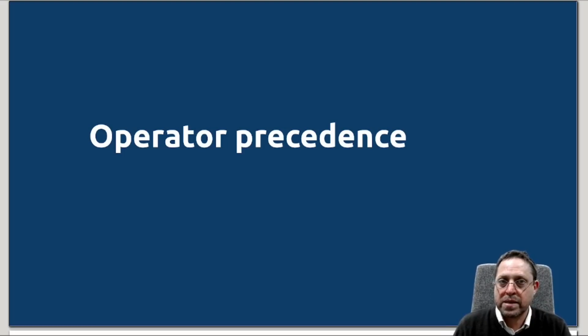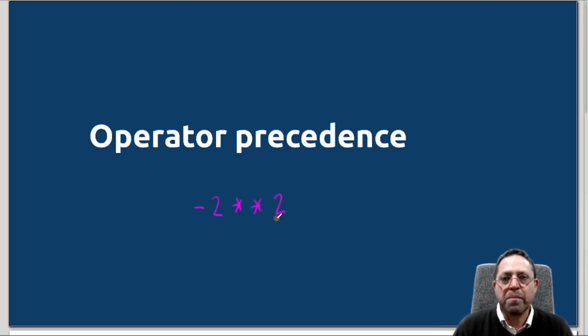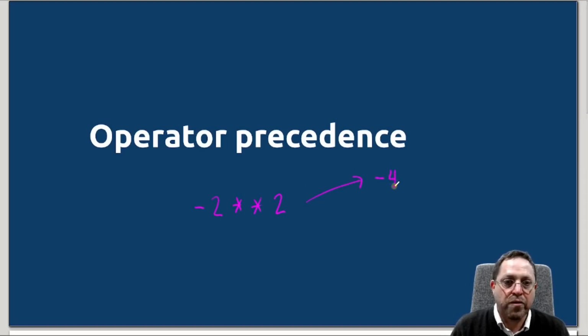execute these operations. So, for example, if we have -2 ** 2, does that mean that we want to evaluate 2 squared, which is 4, and then take the negative of that, thereby giving us -4? Or does it mean that we want to evaluate -2 and then take the square of that, so -2 squared would give us +4?